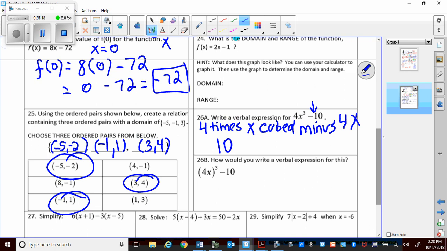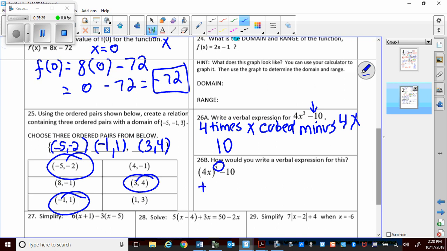What's a quotient? Is that multiplying? That's division. What are we doing? Multiplying, product of. What's another good word? Quantity. Why? Because you have an operation outside.